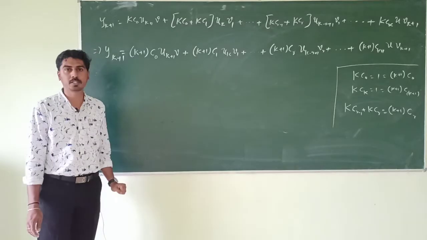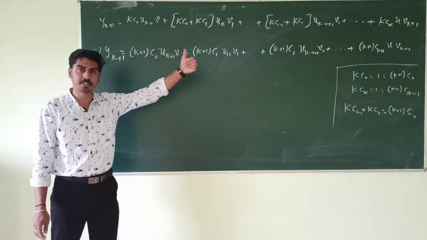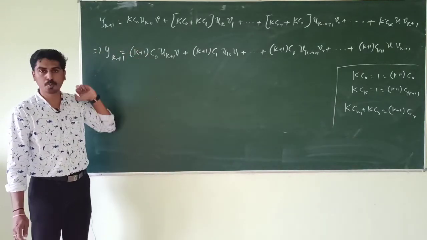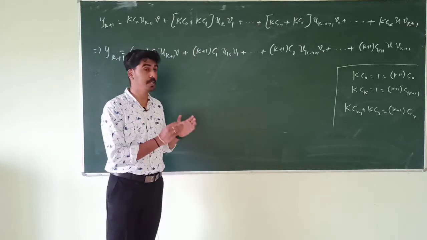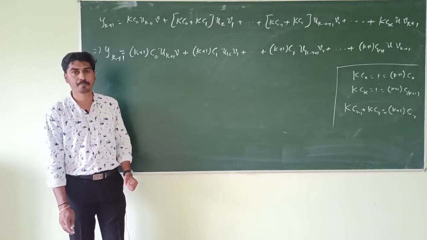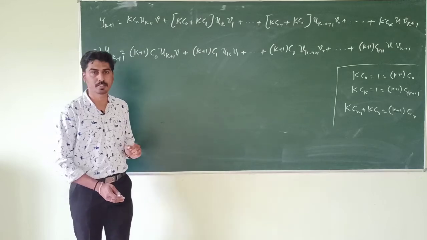And the coefficients: there we had nc0, nc1 up to ncn. For k plus 1 we have k plus 1 c0, k plus 1 c1 up to k plus 1 c k plus 1. Exactly, there are k plus 2 terms. So the result is true for k plus 1.